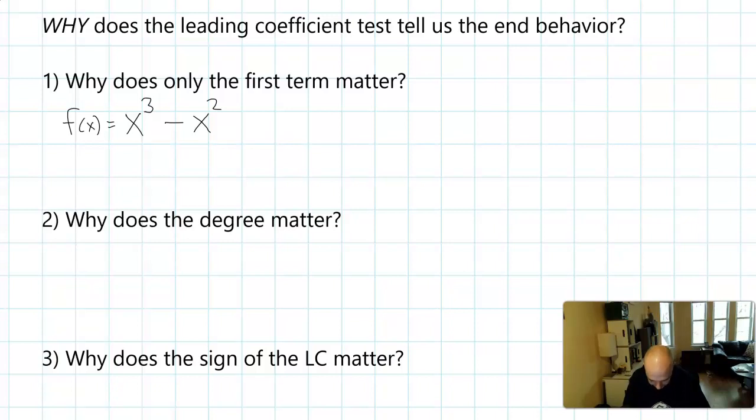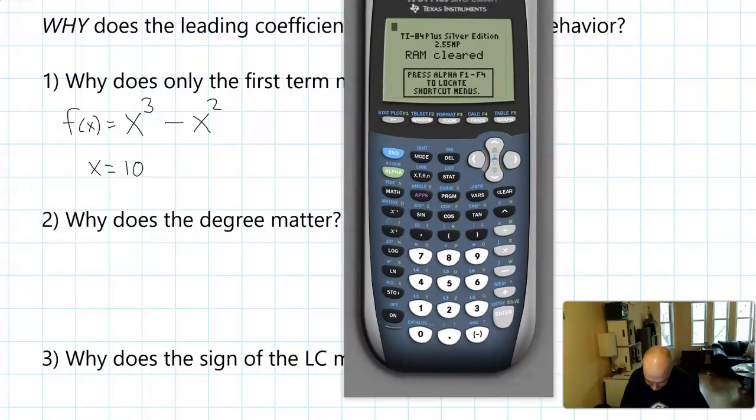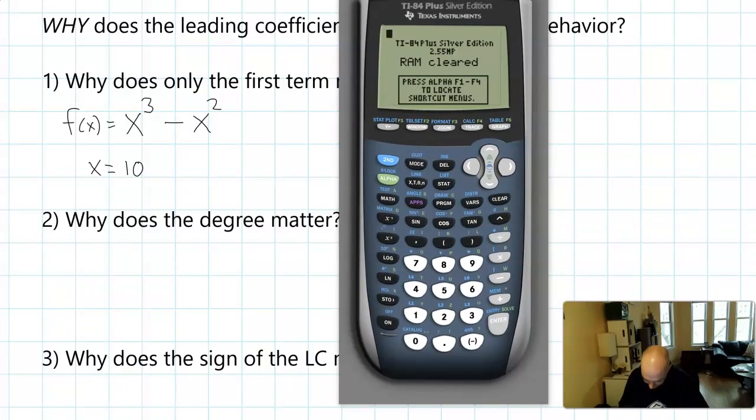Now, what if x is 10? I don't think I really need a calculator for this, but we can play. 10 to the third is 1,000. 10 squared is only 100.